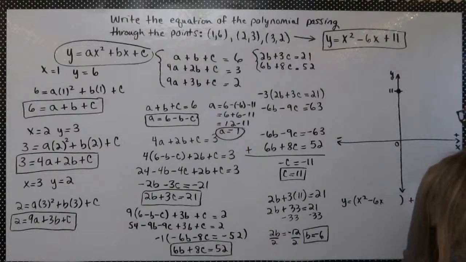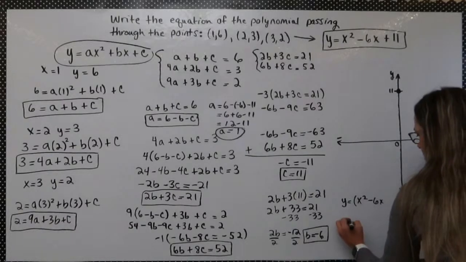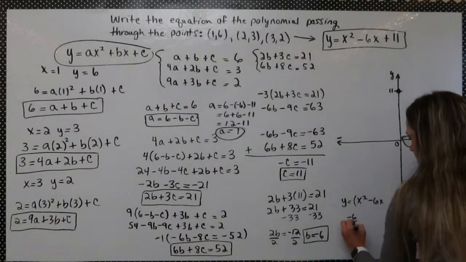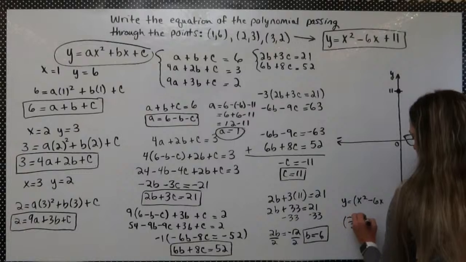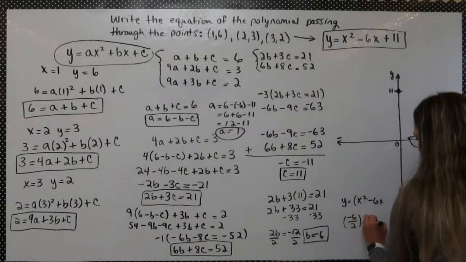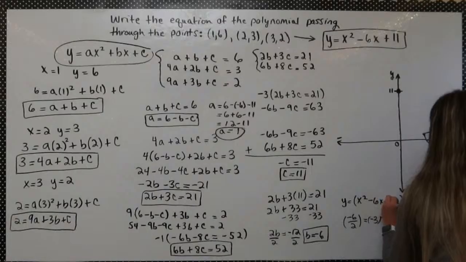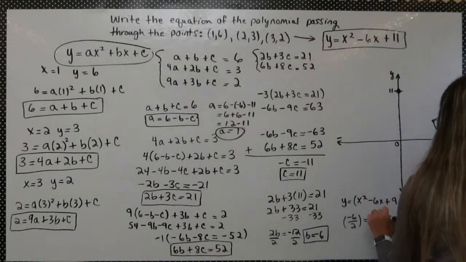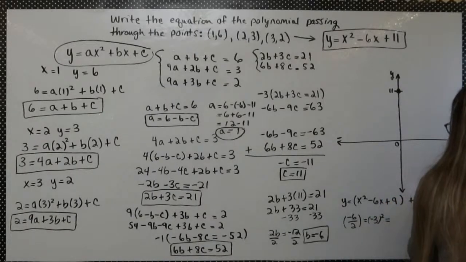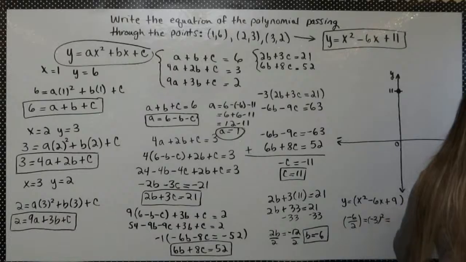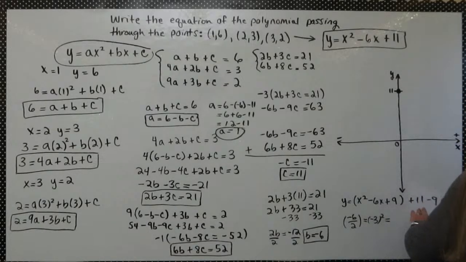And then you just take this number, negative 6, and half of it is negative 3, and then you square it. That's 9. So it's plus 9. So then we have to minus 9 here. If you plus and minus the same side, then it doesn't change the value.